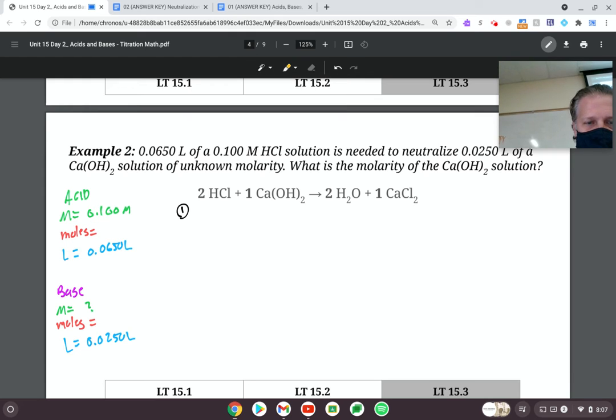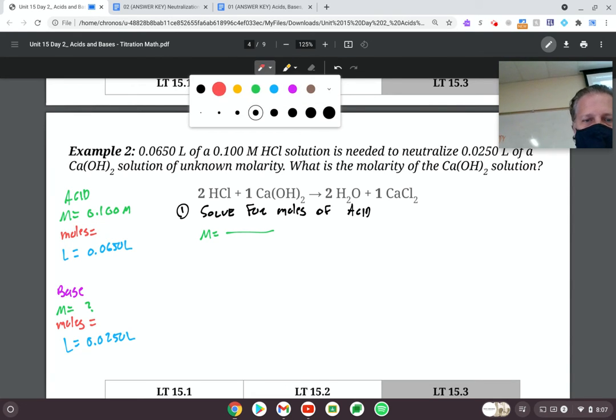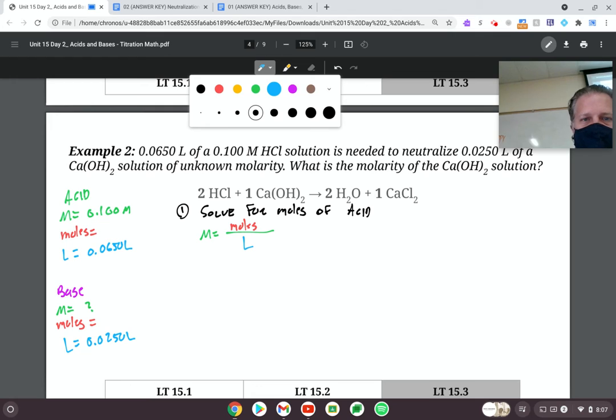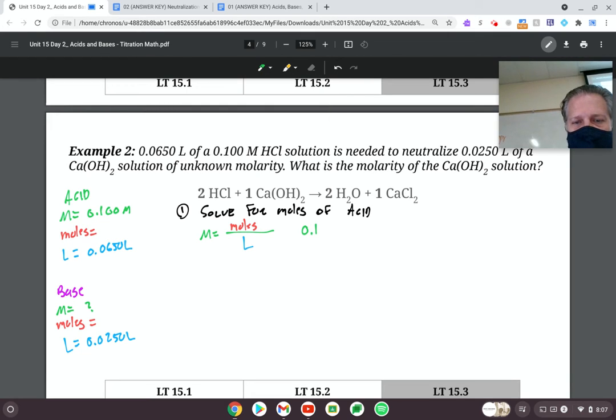Step 1. Solve for moles of acid. So we're going to use the molarity formula to solve for moles of acid. And we know the concentration is 0.100 molar.